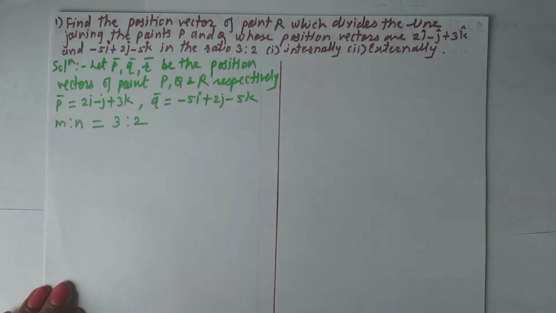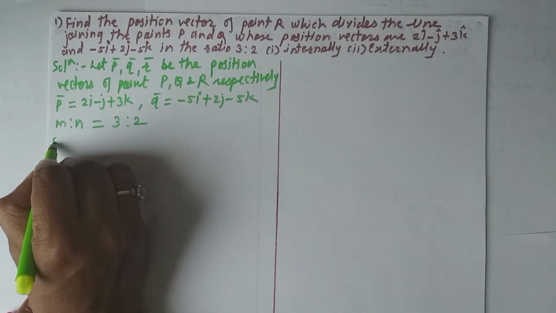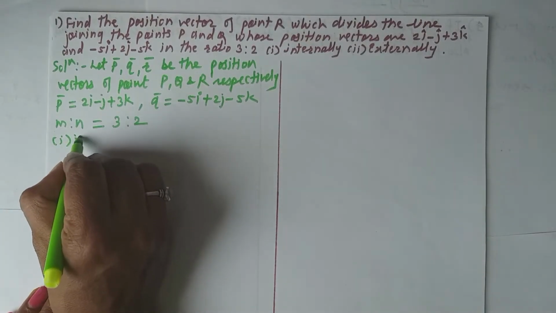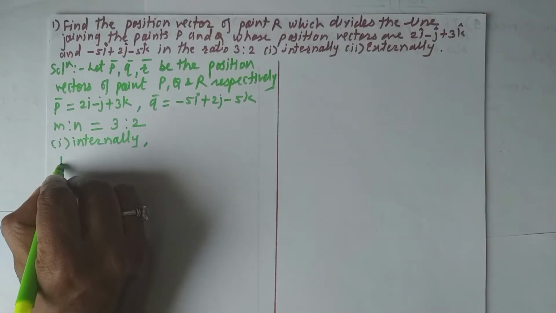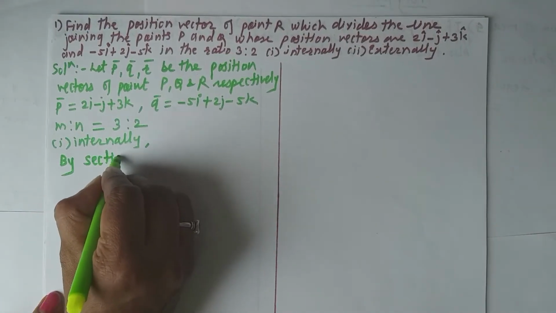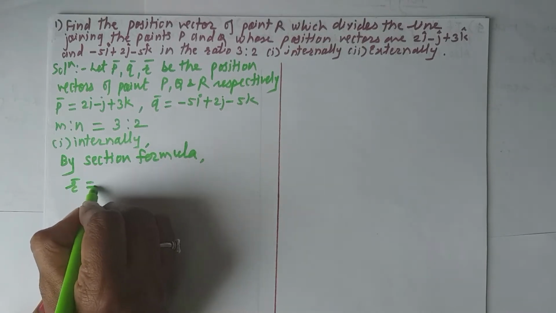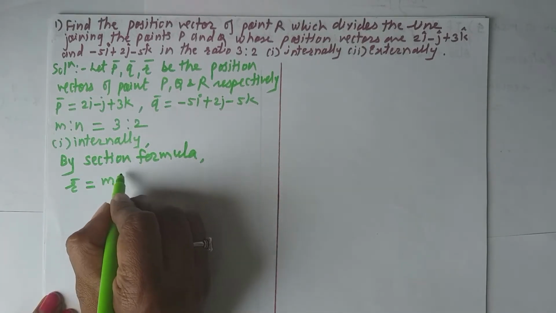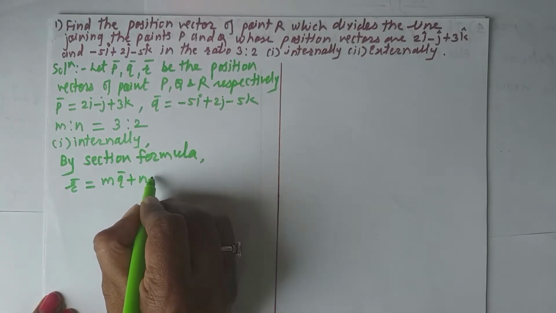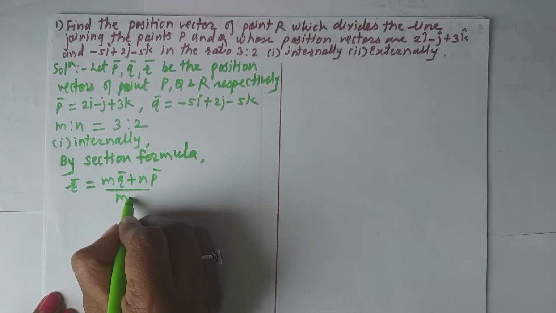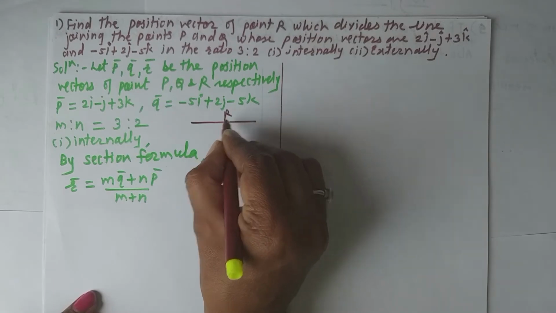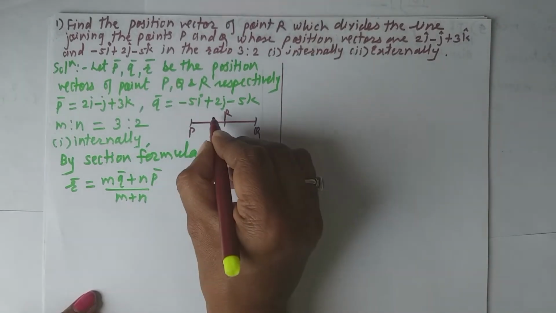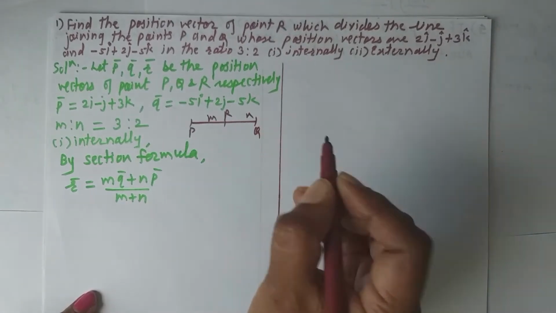Then by the section formula, first we will find the internal division. What is the section formula? You write down R bar is equal to (m q bar plus n p bar) divided by (m plus n), because here R divides PQ internally in the ratio m is to n.